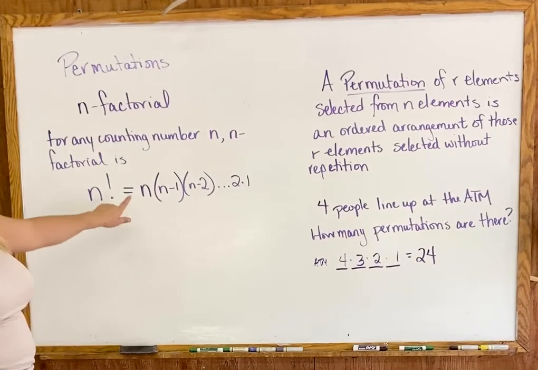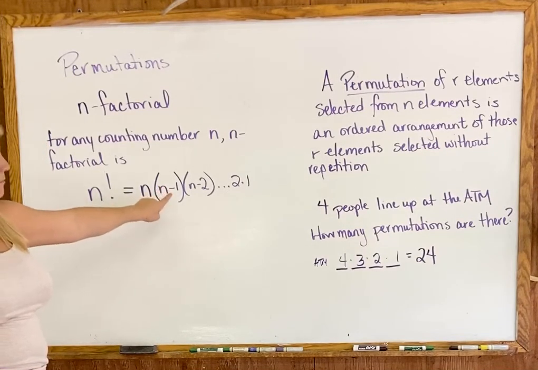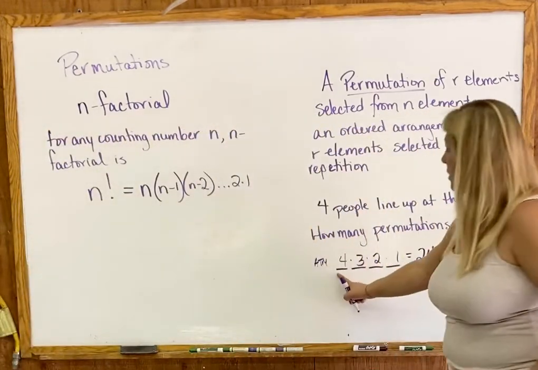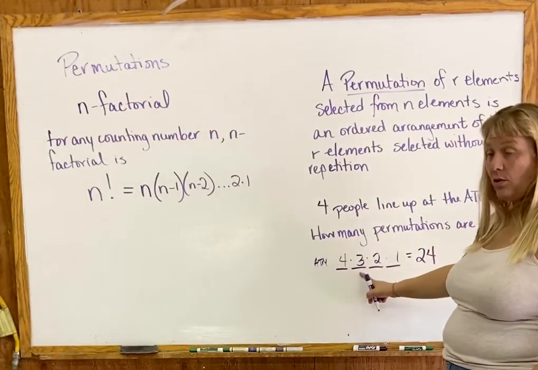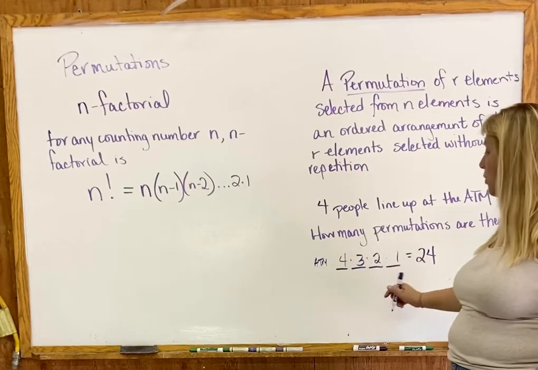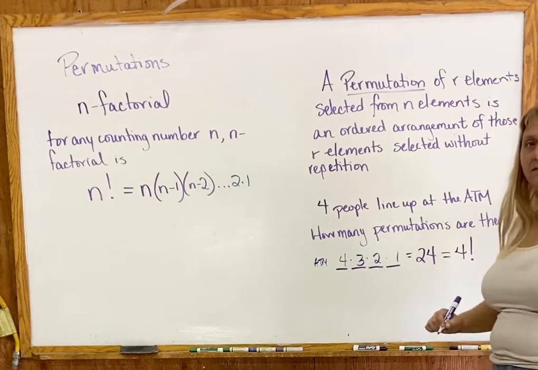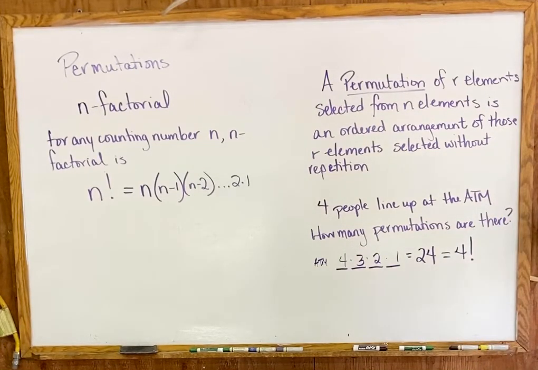So n factorial means to start with that number and multiply it by all the numbers less than it. In this case, we started with 4, multiplied by 3, by 2, by 1. So this is 4 factorial.